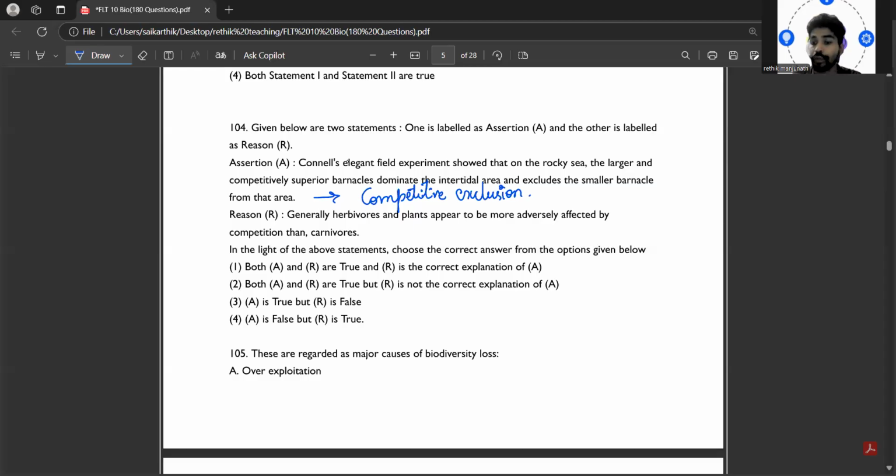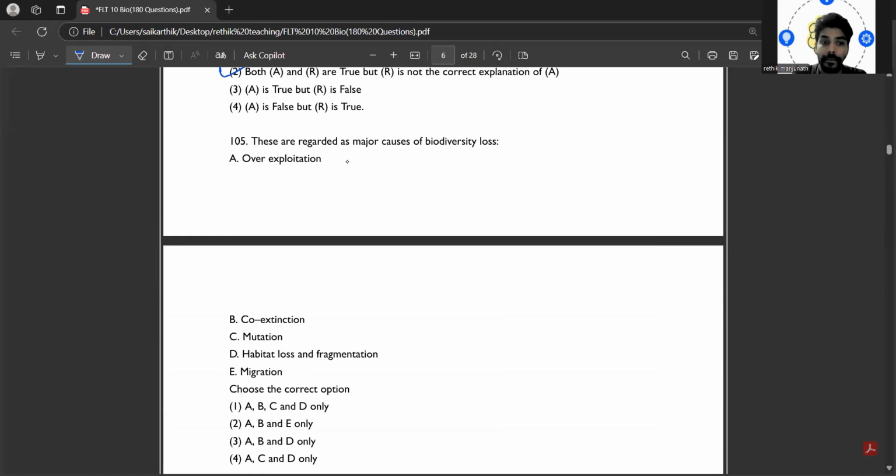That means they do not provide a correct explanation of each other. Even though the statement is correct, it is not relevant to the assertion. So both A and R are true, but R is not the correct explanation of A.